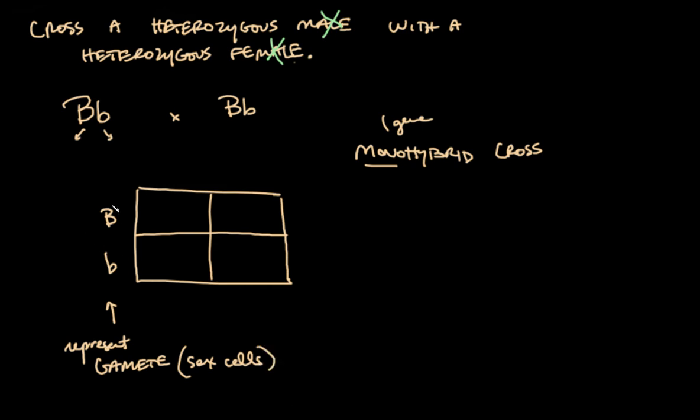So if these are the sex cells from, let's say this is representing the male, the dad, these would be in the sperm cells, and this combination from the other parent would be from the mom, the female, and they would be in the eggs. And then what we're going to do is, I'm going to write this here, but this represents the fertilization.